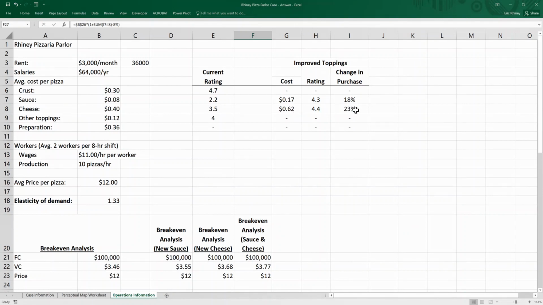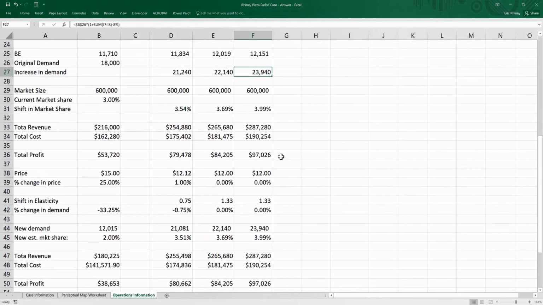So we might only get this 23% actually. But what I did is I added the two together and then I subtracted 8%. But it's probably more than likely you'll only get whichever the highest one is. That'll probably be the most you get. But it's up to you to make those kind of calculations and decisions in terms of your analysis.